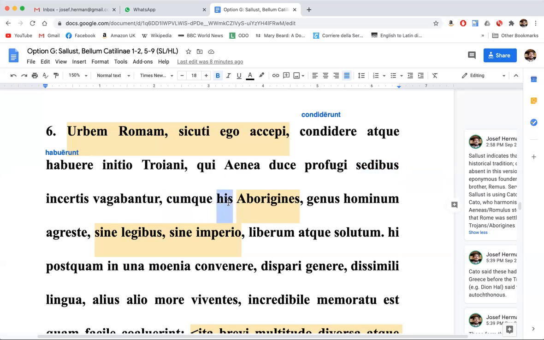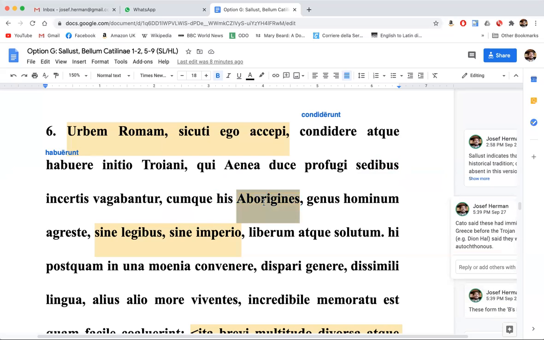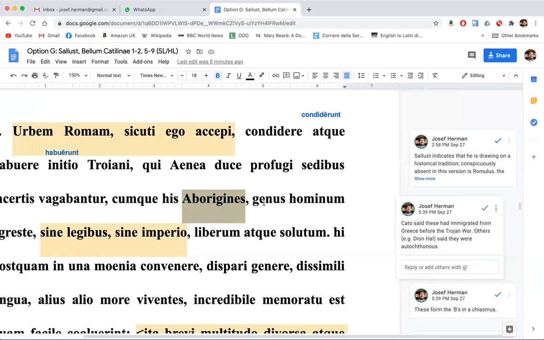And then we need to sort of imagine a verb here, like were joined or something. With them were joined the aborigines. And just pausing for a moment, the aborigines are the people who were already living in this region, in Lazio or Latium.